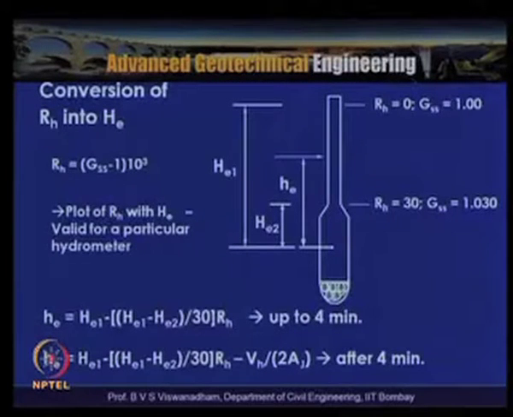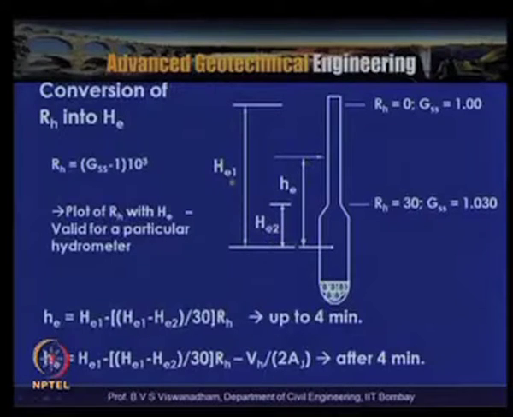Then the graduations, as I said, start from 0.995 to 1.030, or in numbers RH is equal to 0 or minus 5 to 30. These are graduated and indicated on the stem of the hydrometer, and HE is the reference where the measurement is taken.